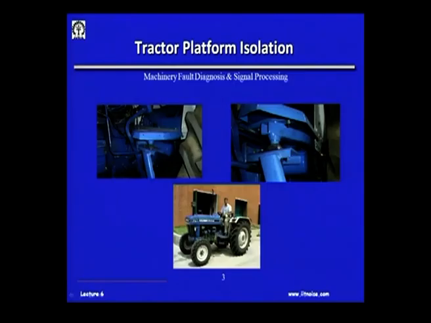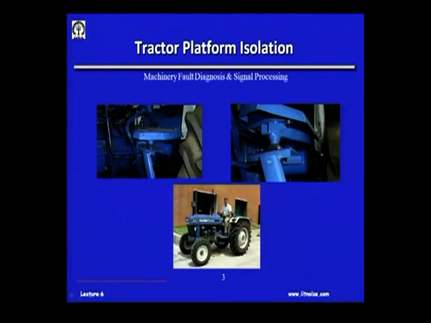This is me in my younger days, used to test on a tractor, and this is a platform here, and if the driver sits here, because of the engine's dynamics, none of the vibrations from the engine should get transmitted to the platform, to the seat, etc. So, how do they arrest that? If you look closer here, there are actually what are known as the anti-vibration rubber mounts in this location here between the platform and the chassis of the tractor.